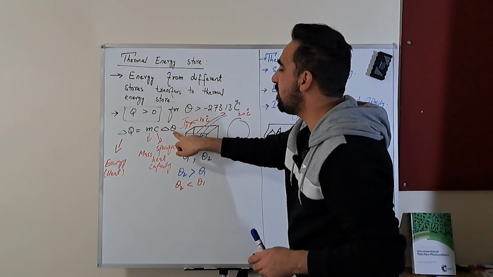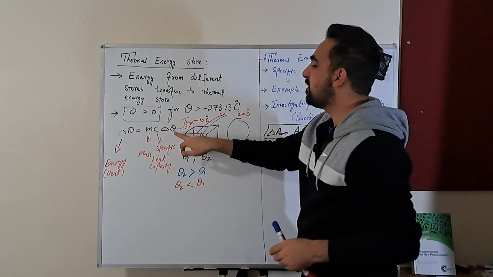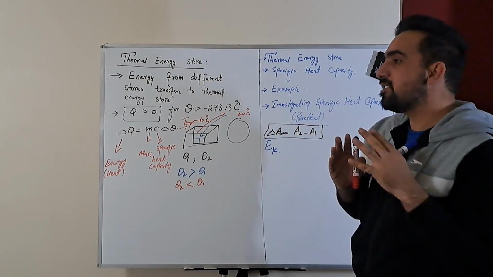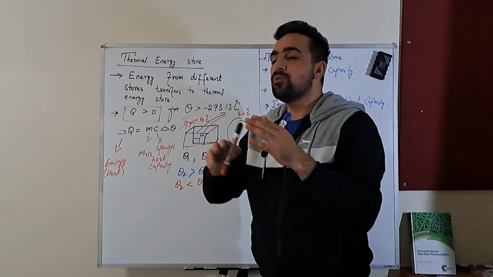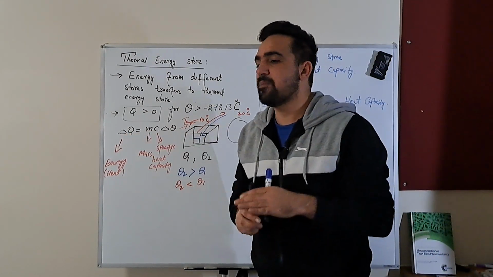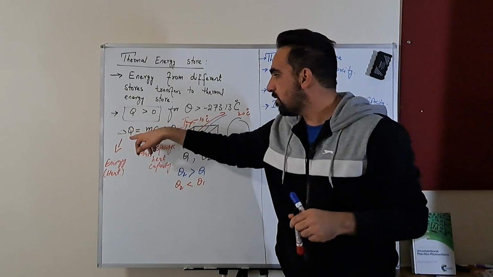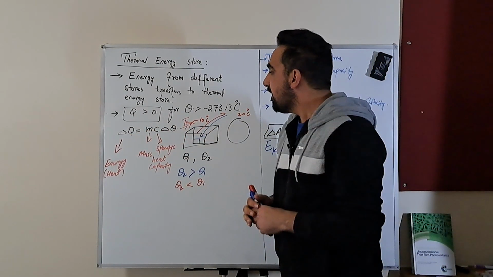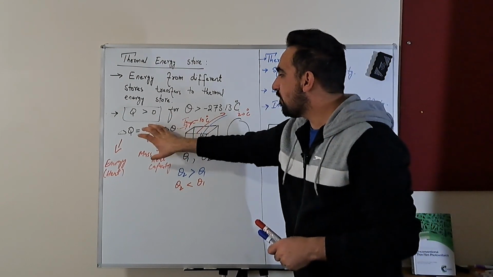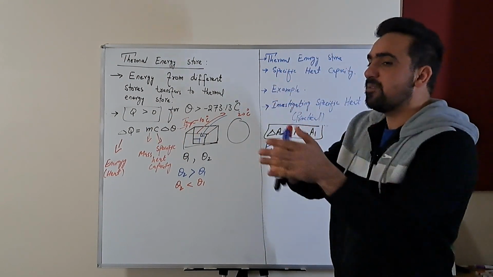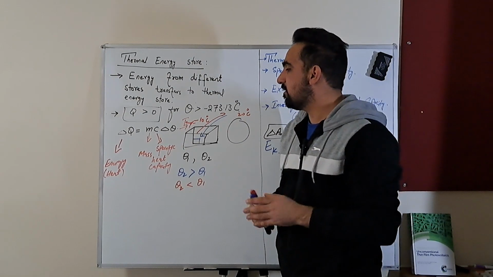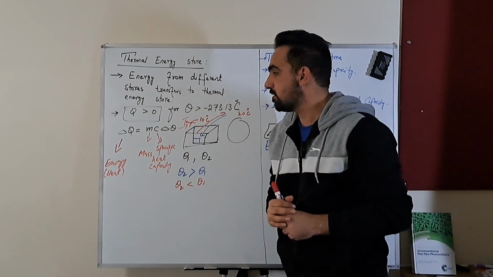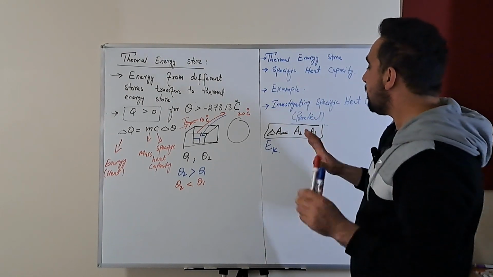So it will be the difference between the final and initial temperature, and the difference between the final energy in the thermal energy store and the energy in the thermal energy store before we transferred some energy in. Okay, so these are the factors on which thermal energy depends, and energy from different stores tries to move to thermal energy store. Okay, so that was it.